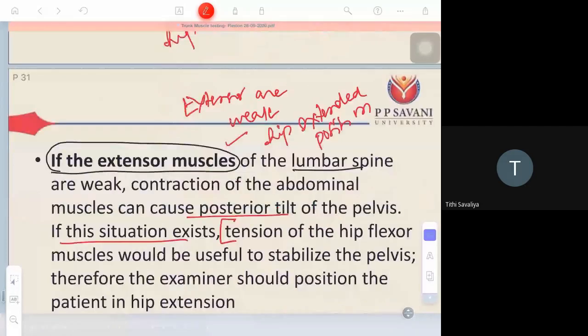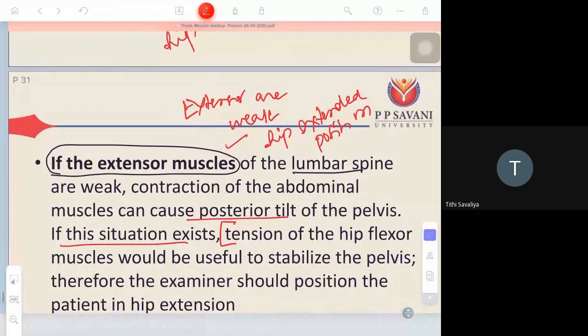Why will you do this? In order to prevent the pelvic tilt. In the first case, it is anterior pelvic tilt, and in the second case, it is posterior pelvic tilt.